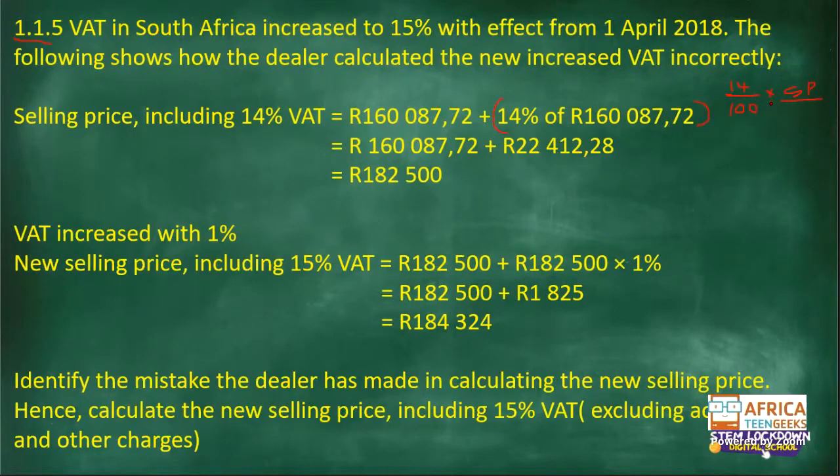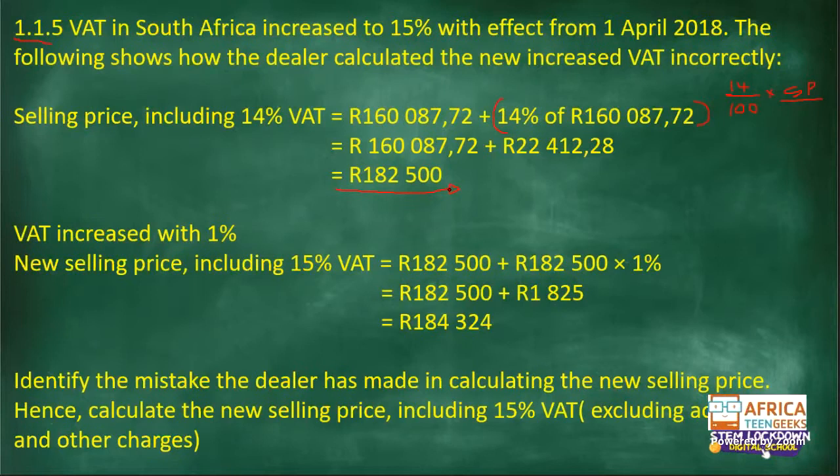That's basically it. So that's how we got the 22,412 rands 28 cents. Then the answer is 182,500 rands. This is how much he should sell his items for, including the 14% VAT, right?